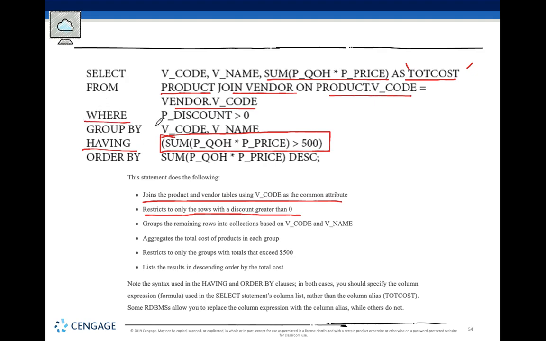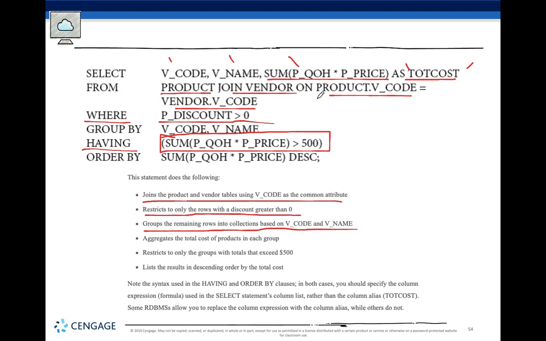So where p discount greater than 0, groups the rows into collections based on vendor code and vendor name, right? So we are selecting vcode, vname, sum of product quantity on hand times the product price, and we are calling that expression total cost.